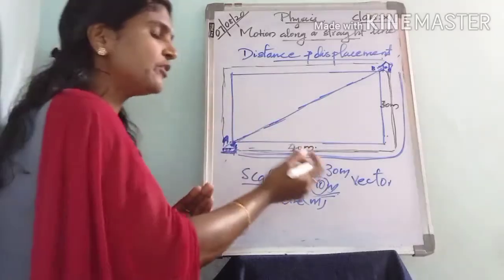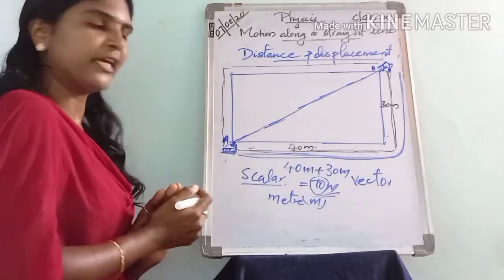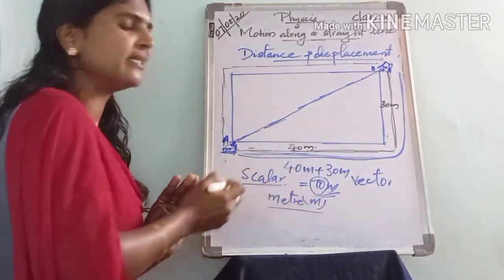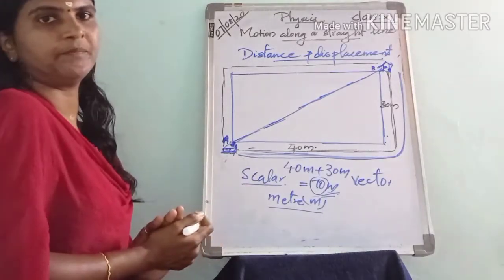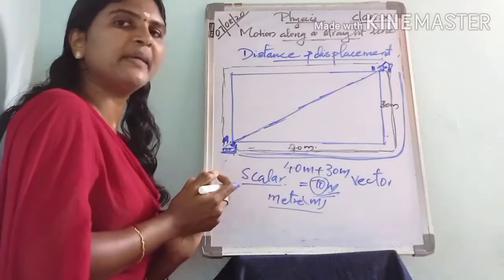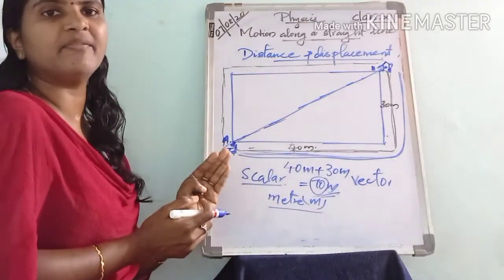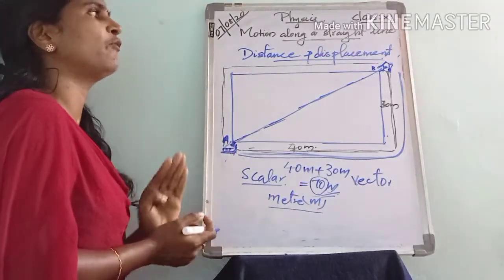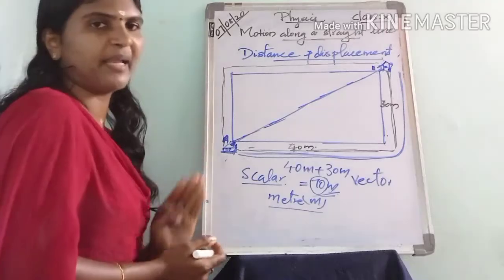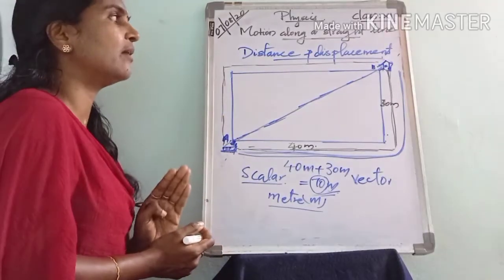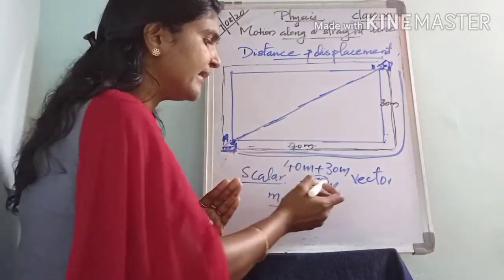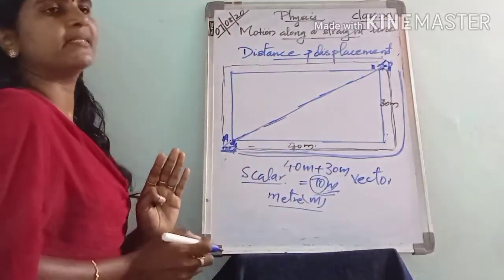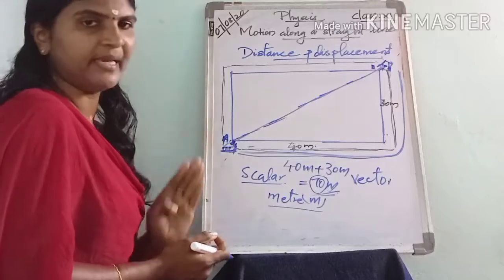Then you know the SI unit of displacement. Here also the SI unit of displacement is meter. So displacement is the shortest distance between the initial and final position of an object. Displacement is a vector quantity, and the SI unit of displacement is meter.